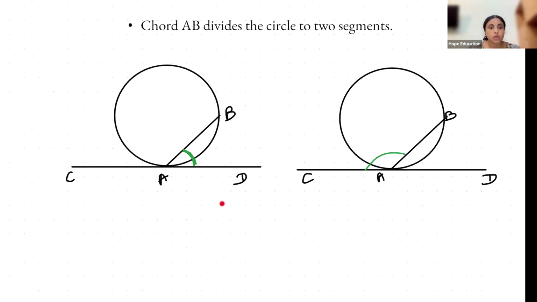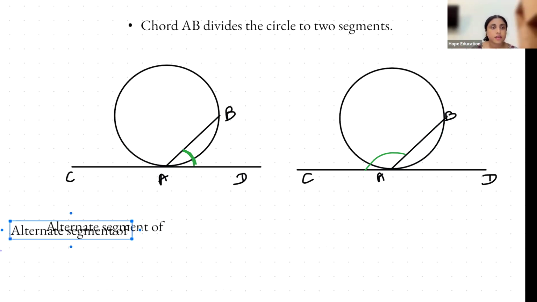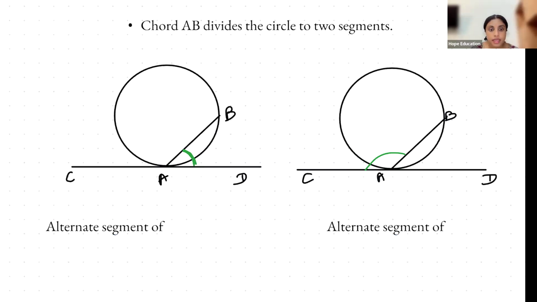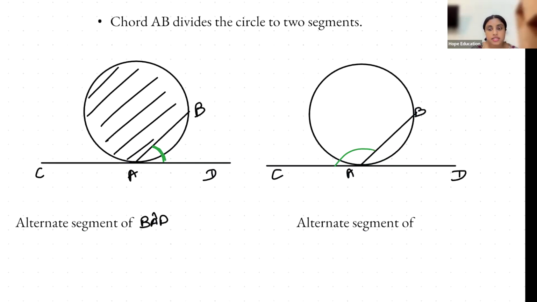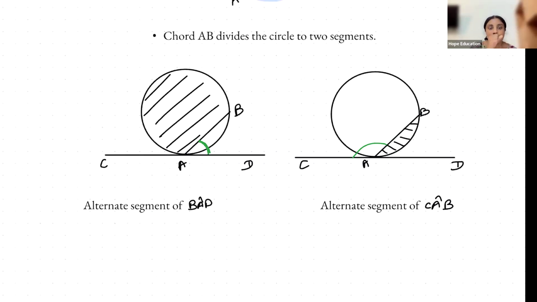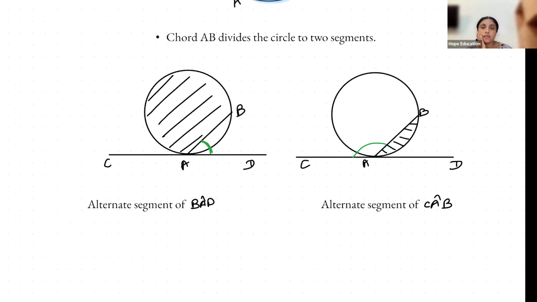Okay. So, alternate segment of BAD, you can shade this. Alternate segment of CAB, you can shade this. Quickly add this part as well, children. Quickly.